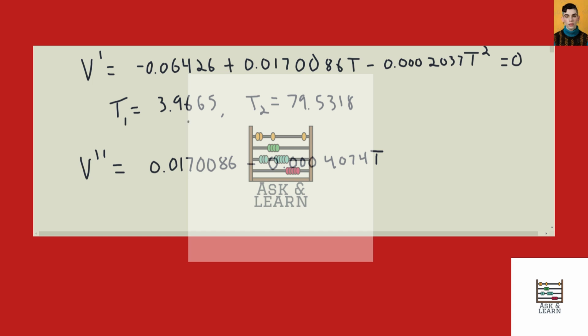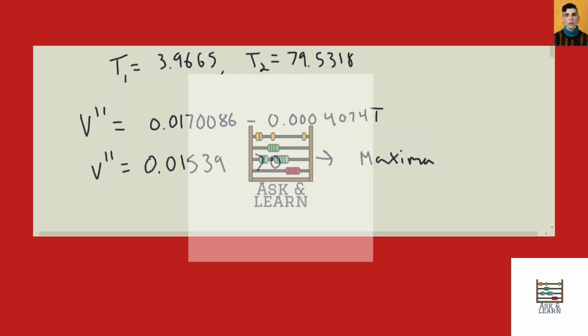All right, here if we plug in 3.9665 for T, we would get a value that is greater than 0. So we can say that that point, that T1 is a maxima, because we will get 0.01539, and I'll just round it up to here. If you plug in T1 in there, and that is greater than 0, so we can say that's the maxima.